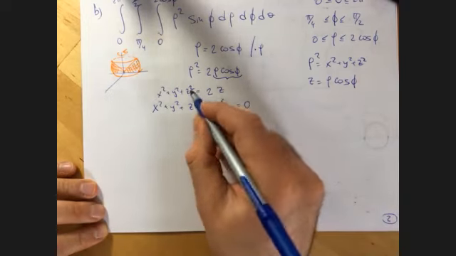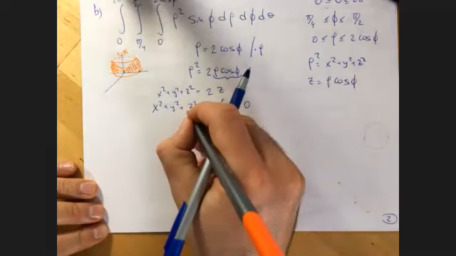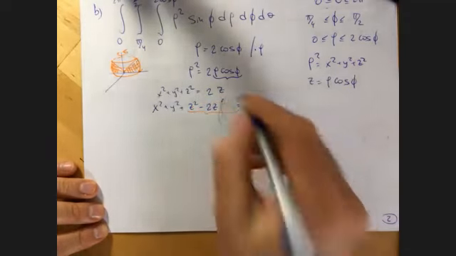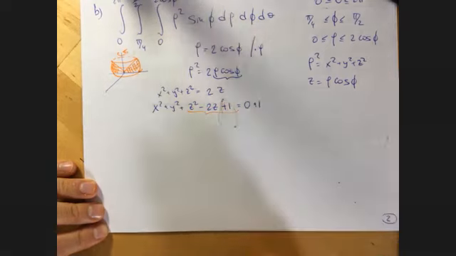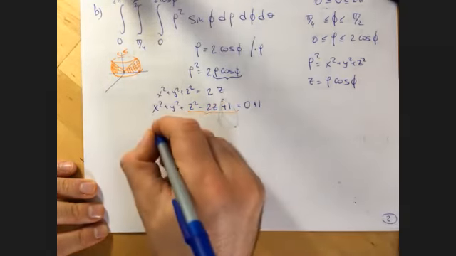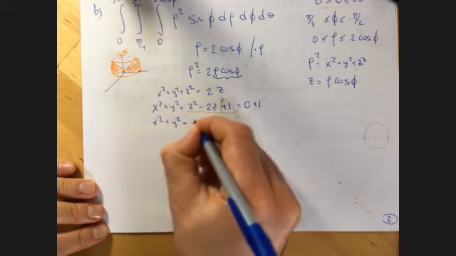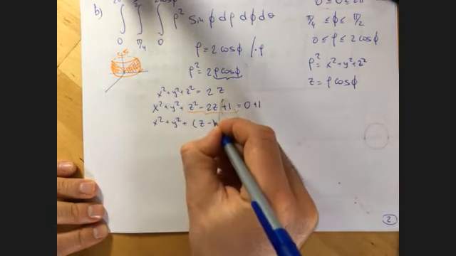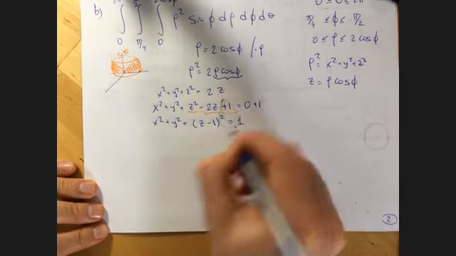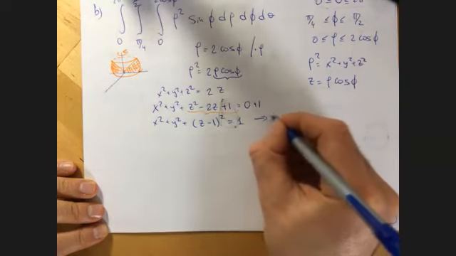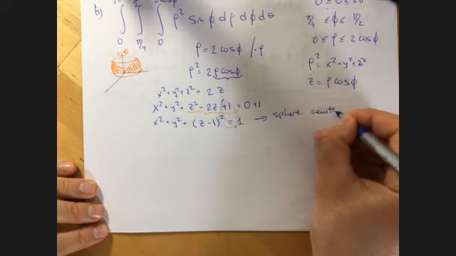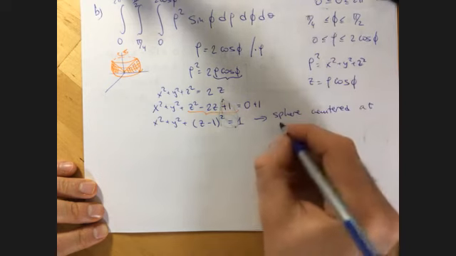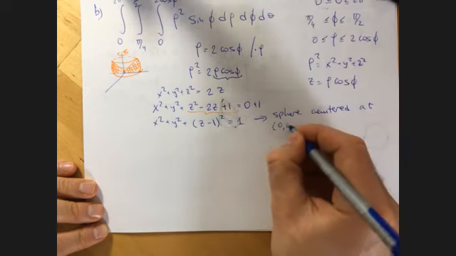I brought 2z on this side. How do I complete this square right here? Well, I need to add 1. If I add 1 on the left-hand side, I need to add 1 on the right-hand side, and I have x squared plus y squared plus z minus 1 squared is equal to 1, which is a sphere centered at the point 0, 0, 1.